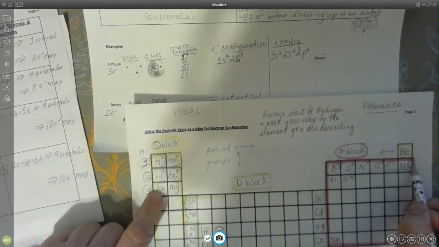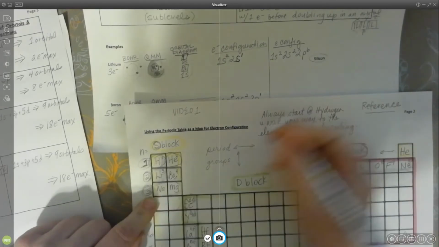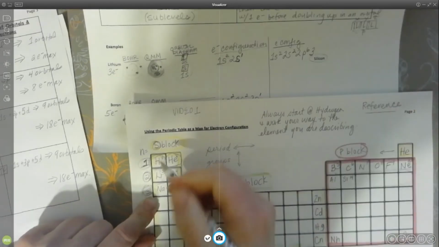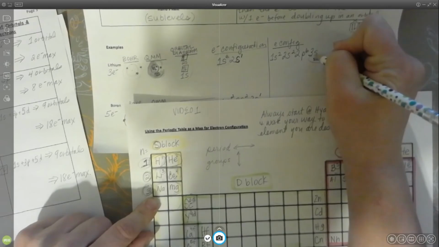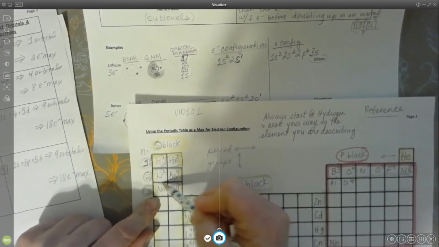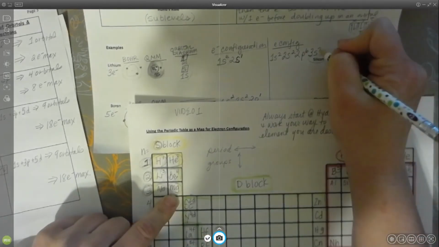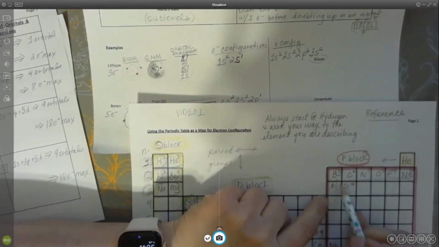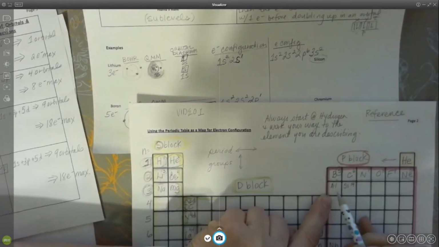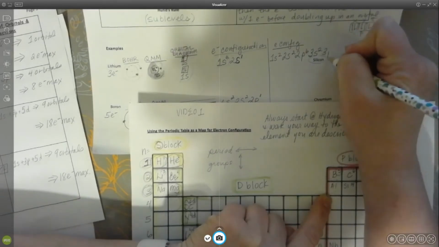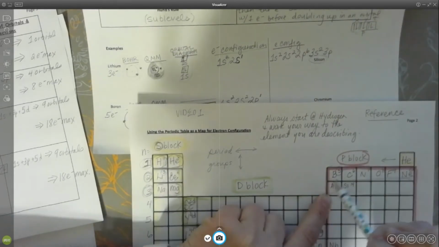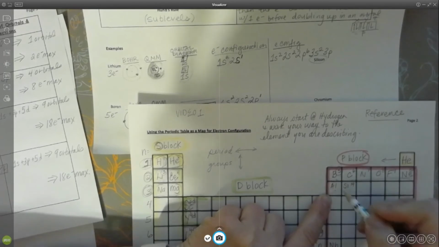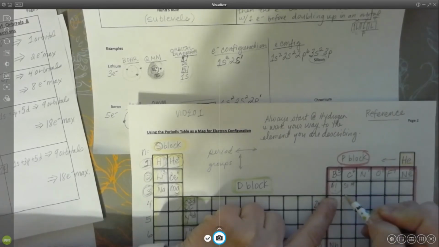I go to number 11, sodium. That's now on the third level, 3, it's in the s block. So I say s1, s2, so 3s2. And now I'm really getting close, 3p, 3p1, 3p2.